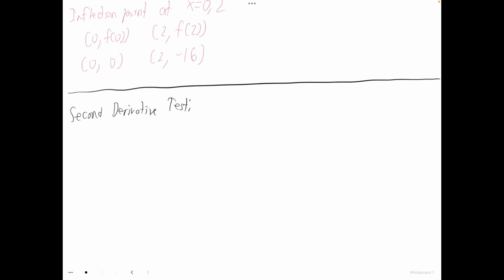Now, what this says is we're going to suppose f double prime is continuous at a critical point, or near a critical point, C. Okay, so around that critical point, we are continuous.